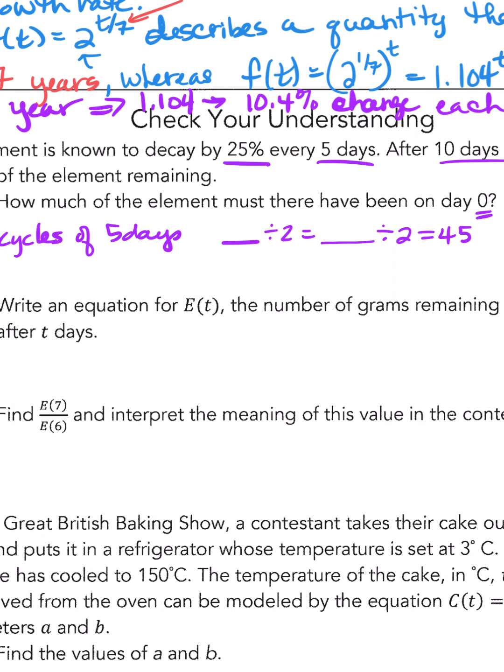So if we are going to go the other direction, we would be multiplying by 2, which would give me 90. And then again, I would multiply by 2, which would give me 180. So we started with what?